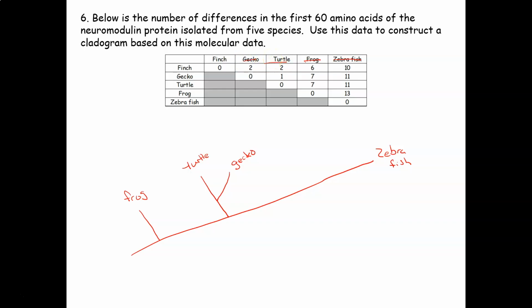And if you look, they are the same distance from a lot of other species, and so that tells you that you're on the right track. The only one left is that finch. If I come back to that zebrafish, he's 10, so he's a little bit closer than everybody else, and so he's going to go right here. And you've taken care of all the species, so you're done.